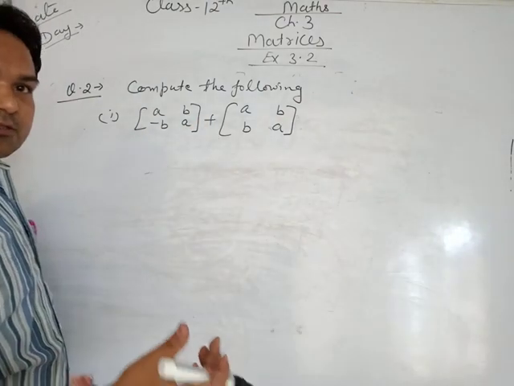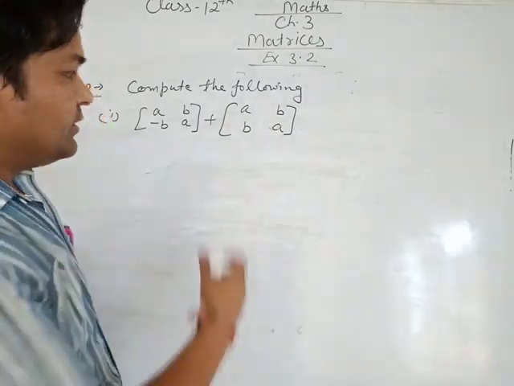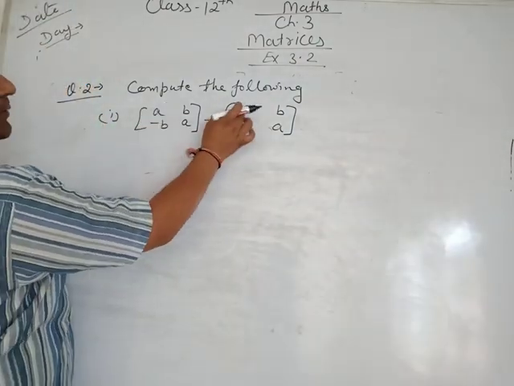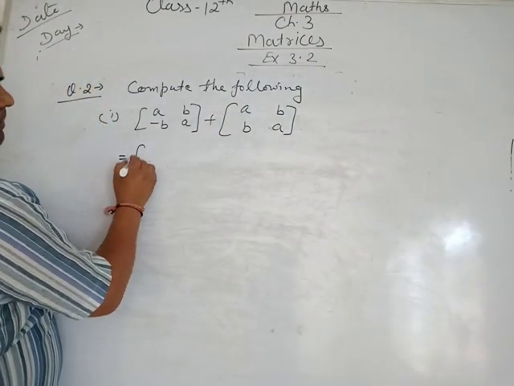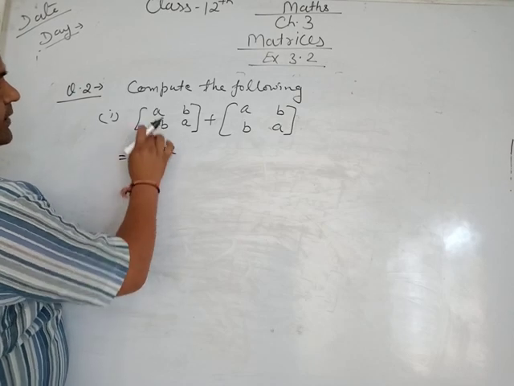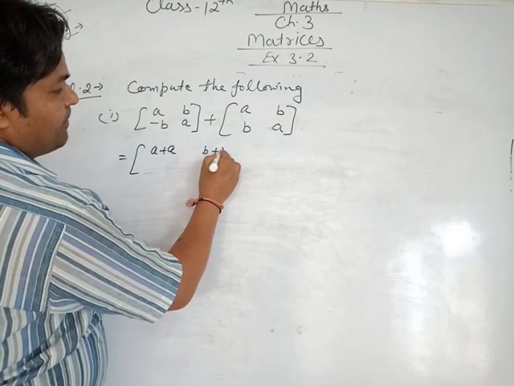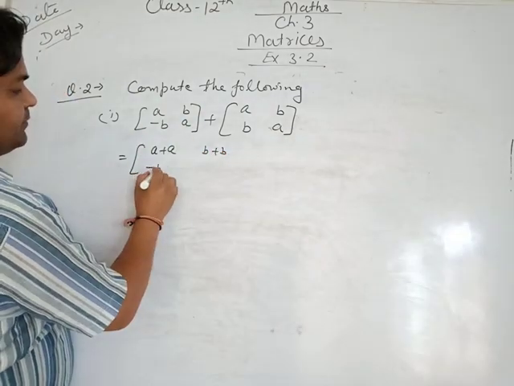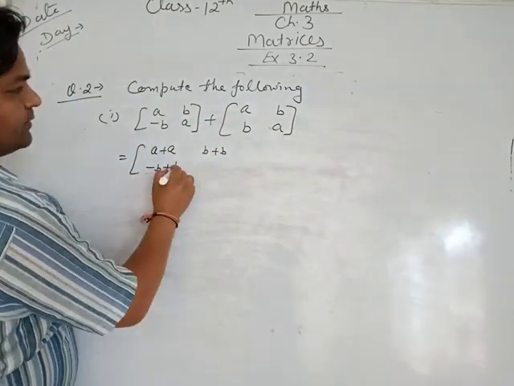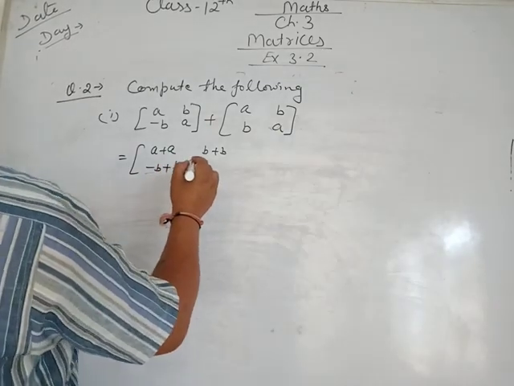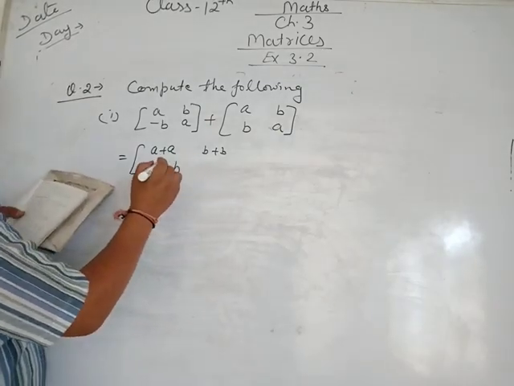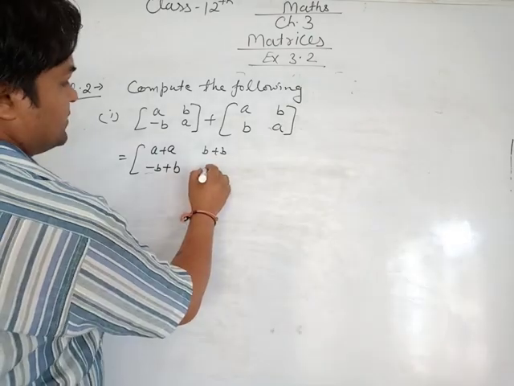So in the previous question we have already had this type of question. It means A plus A, adding corresponding elements, B plus B, minus B plus B, and A plus A, plus A.